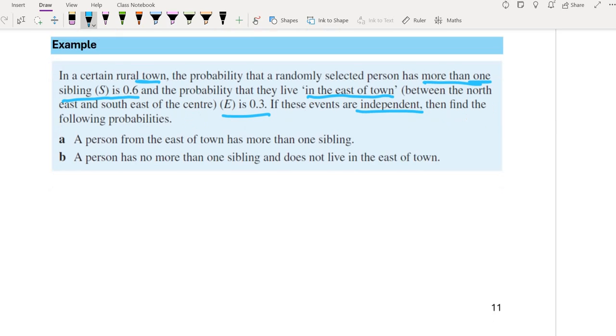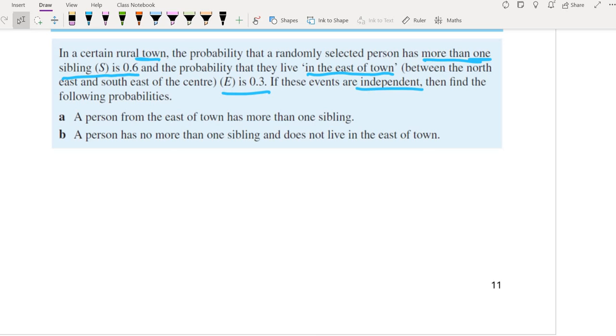So using this idea, we can find the probability of these scenarios here. The first scenario is a person from the east of the town having more than one sibling. So we're looking for probability of someone from the east having more than one sibling.